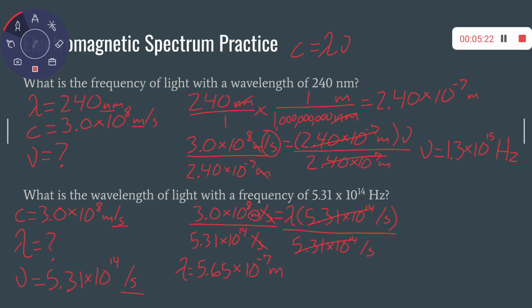Here's the trick though. Recognize this number is very, very small, and I cannot envision how small this number is. And so what I'm going to do is I'm going to convert my units so that my number makes more sense in my brain. I don't really know the difference between 0.000005 and 0.00000005, but I do know the difference between 50, 500, and 5.